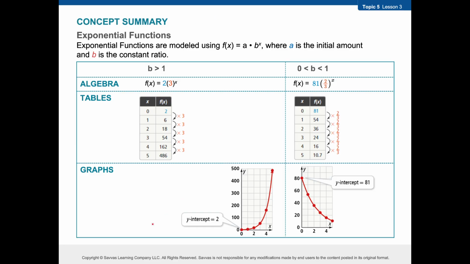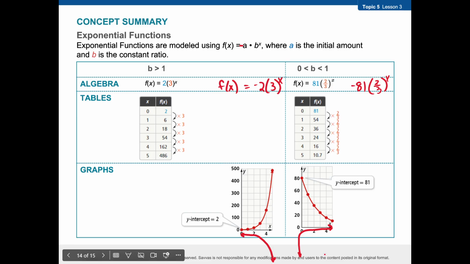Now if a is ever negative, this doesn't show it here, but if this had been f of x equals negative 2 times 3 to the x power, it would be this exact same graph, but flipped upside down. Same thing here, if 81 had been negative, this would be a graph on the other side of your x-axis.